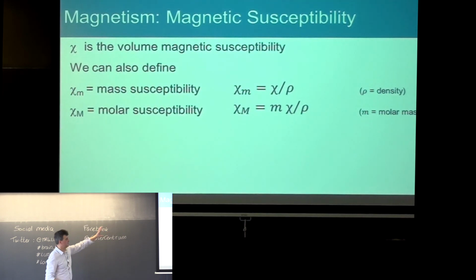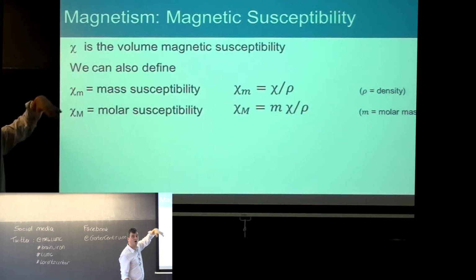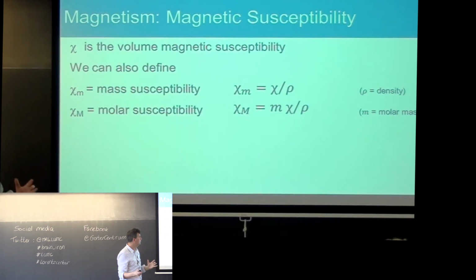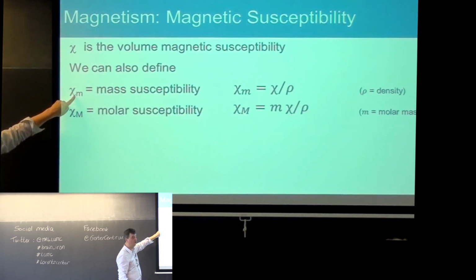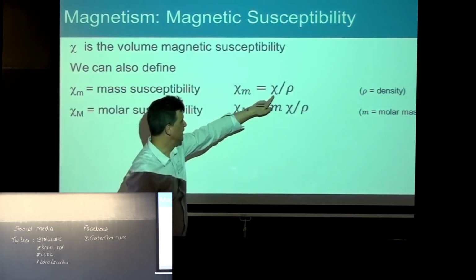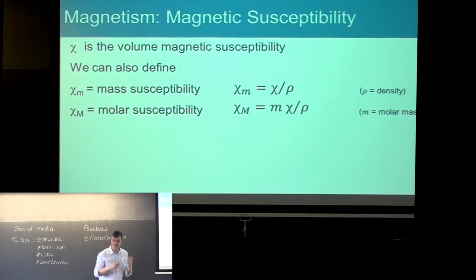So when you're dealing with susceptibility, it's worth bearing in mind that it's quite a confusing literature sometimes, because there are different kinds of susceptibility. The one I was just talking about is the susceptibility per unit of volume, but you can also define a susceptibility per unit mass, which you get by dividing the volume susceptibility by the density, and you can get the molar susceptibility of a mole of material.